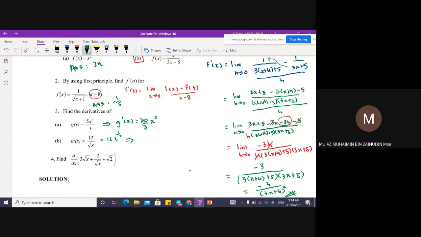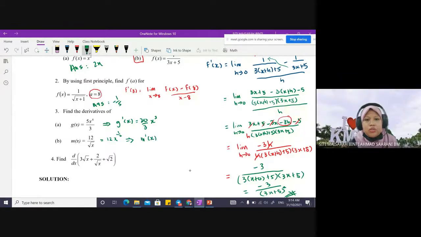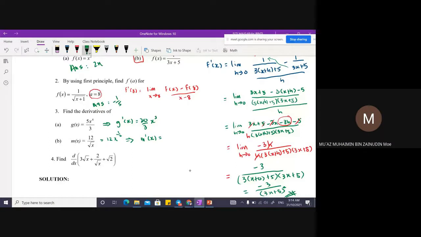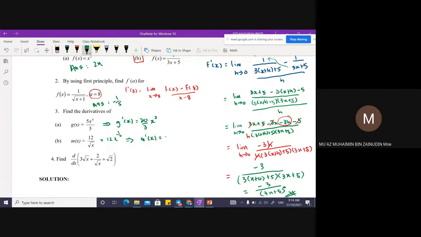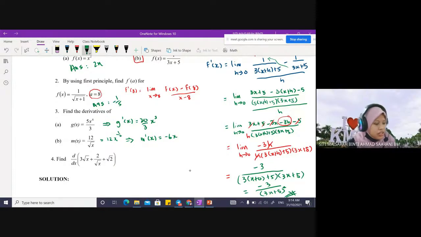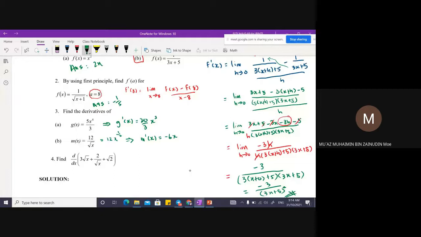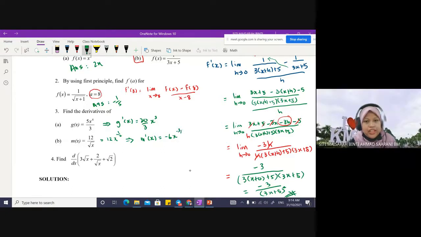M prime X equals to 12 darab negatif 1/2 jadi negatif 6. Negatif 6 X kuasa negatif 3/2. Okay, betul lah.